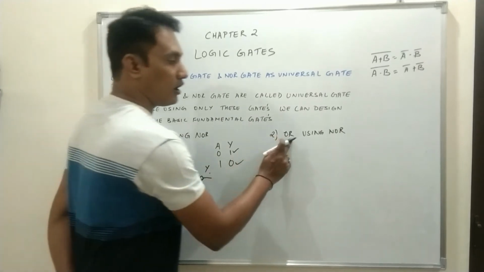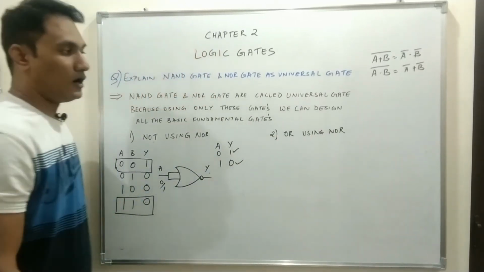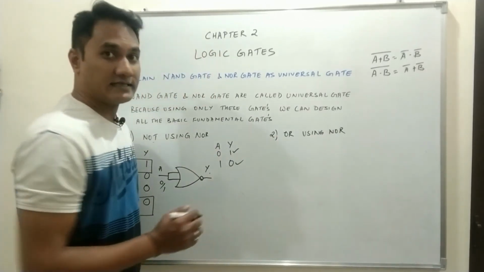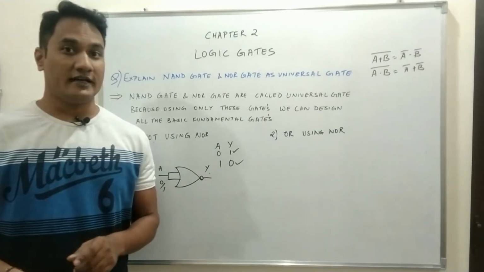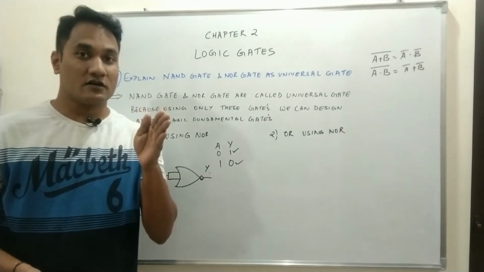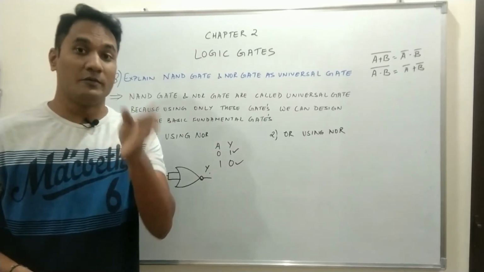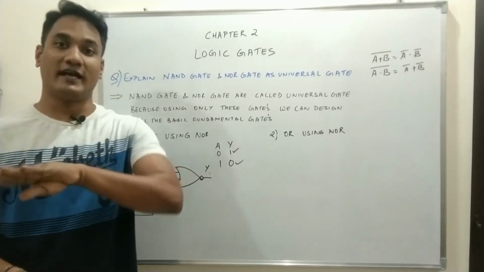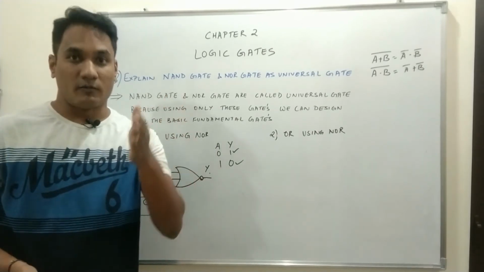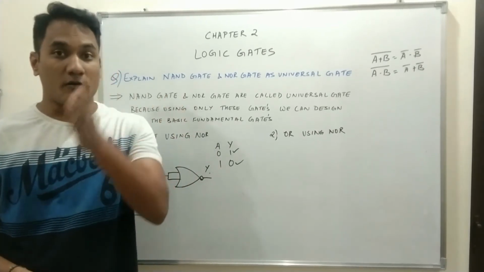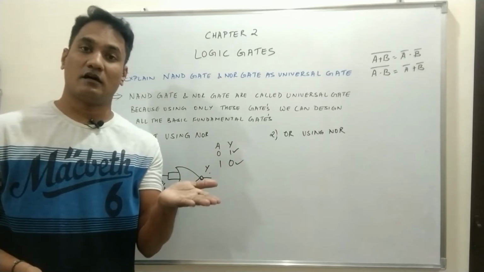Next is OR using NOR. As I said, by definition the inverse of OR is NOR. And what happens if you complement NOR gate? You are going to get OR. The complement of OR is NOR, and if you complement NOR again, you will get OR back.